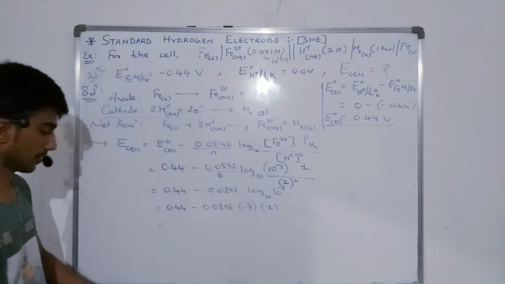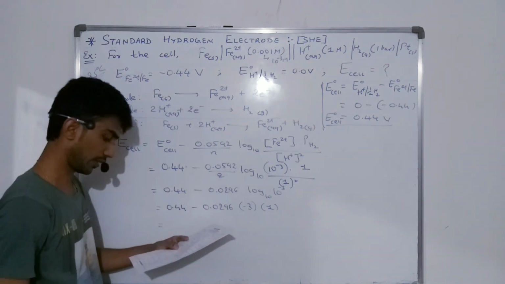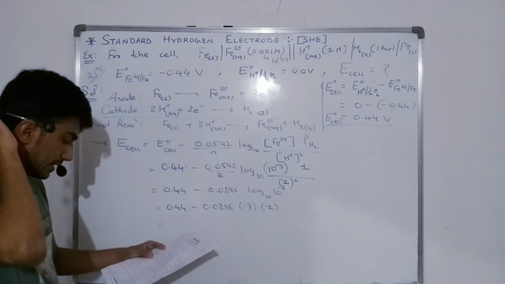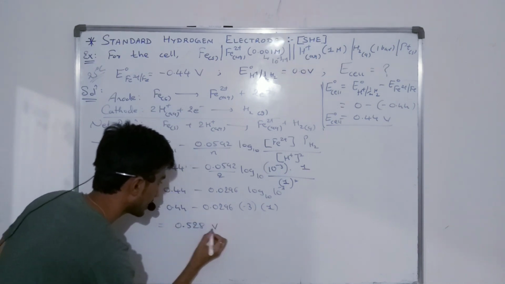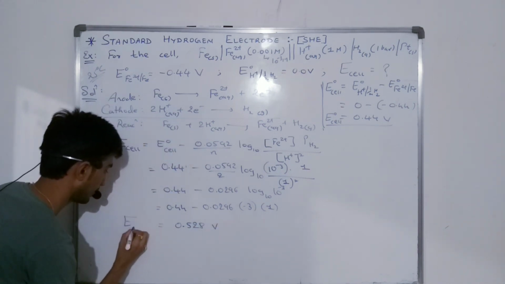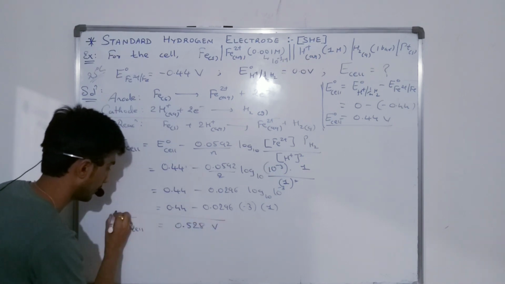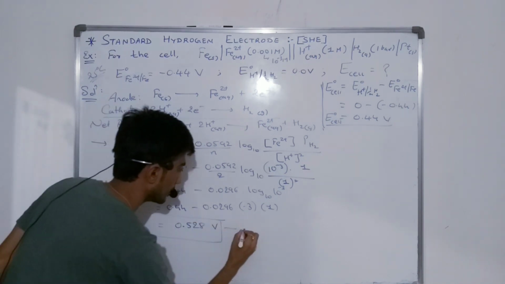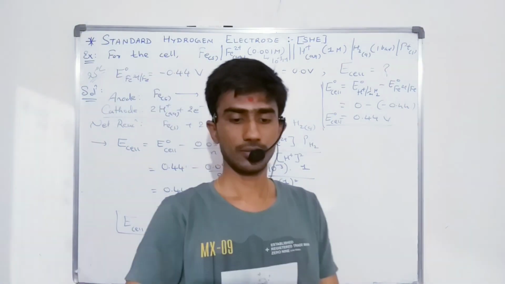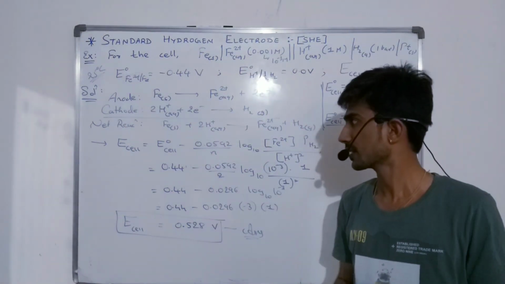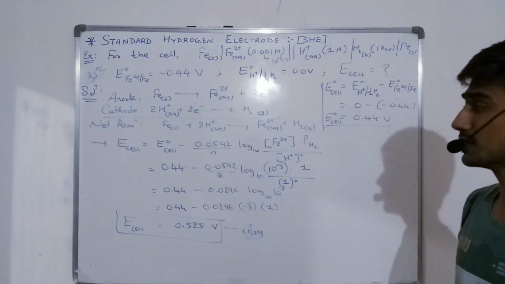So your answer will be 0.528 volt. The value of cell potential is 0.528 volt, and this is your answer. It is a good numerical and very easy numerical also.